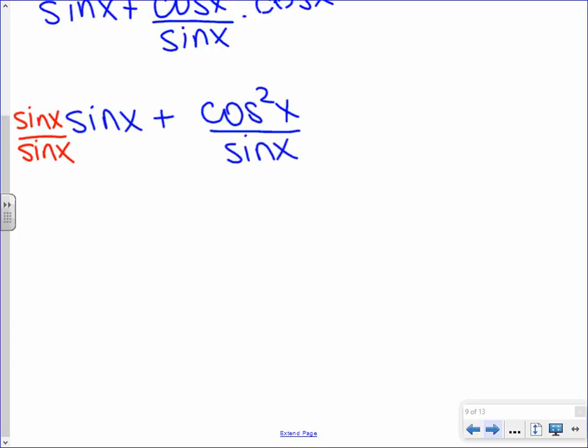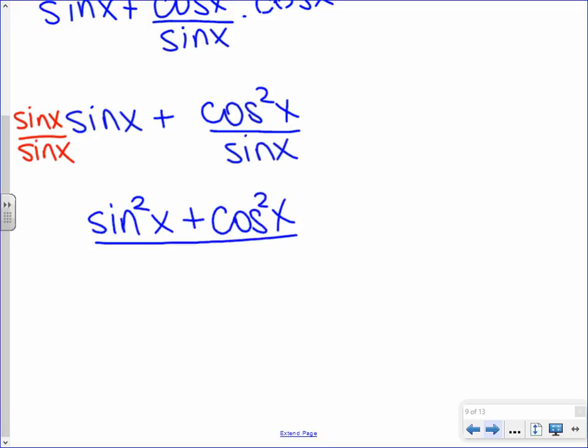So then when we add these two together, we have sine squared x plus cosine squared x all over sine of x. Connor, yes, sine squared plus cosine squared equals 1.